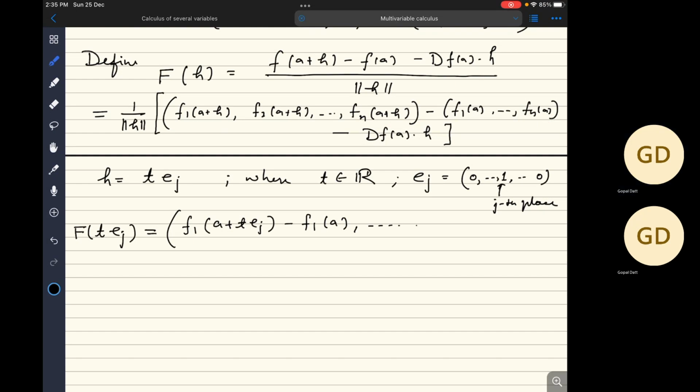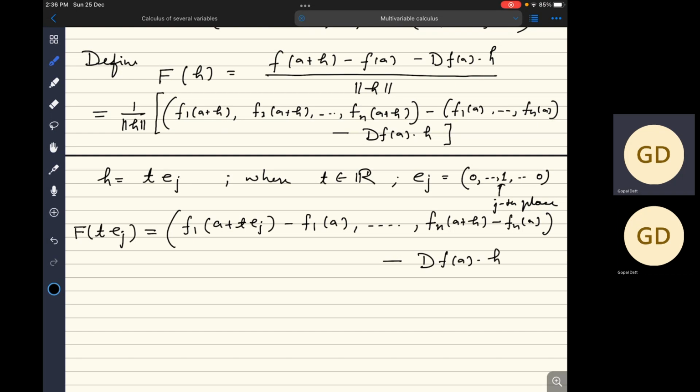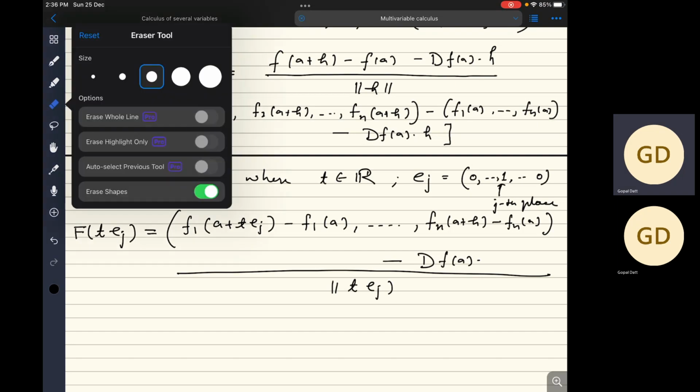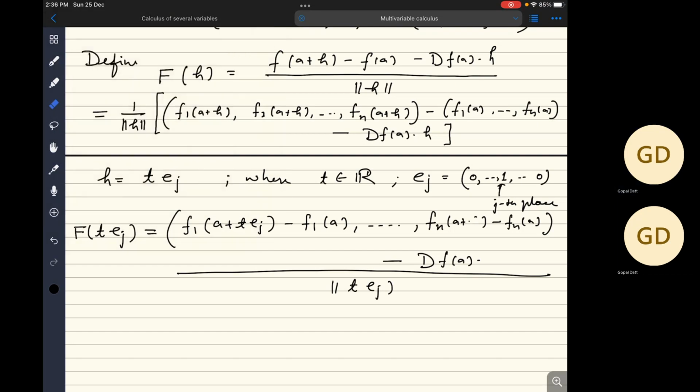So this is fn(a+h) minus fn(a) minus Df a dot h, divided by norm h. Norm h is norm of t ej.